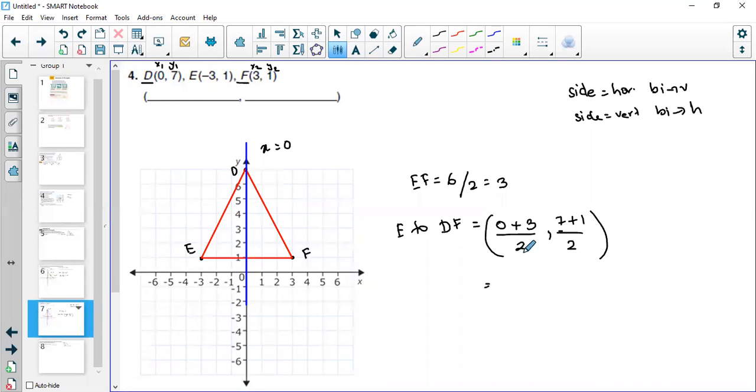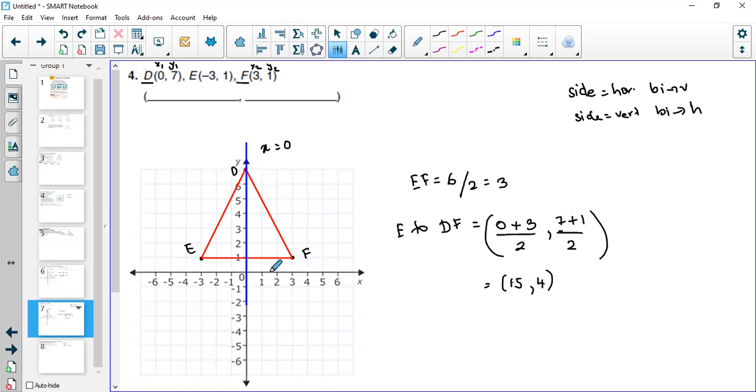Okay, so this is going to give us 0 plus 3 is 3. 3 divided by 2 is going to give us 1.5. And 7 plus 1 is 8, and divided by 2 is going to give us a 4. So the midpoint of DF is going to be at 1.5 and 4.